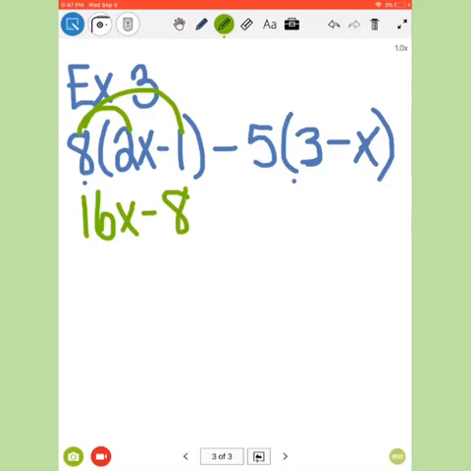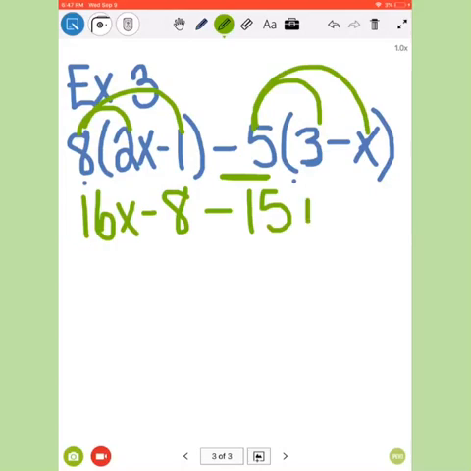Okay. Now let's head over to this negative 5. This negative 5 is going to distribute, so negative 5 times 3 is negative 15. Negative 5 times a negative x, that seems weird, but you know, 2 negatives will make a positive. And 5 times x is just 5x.